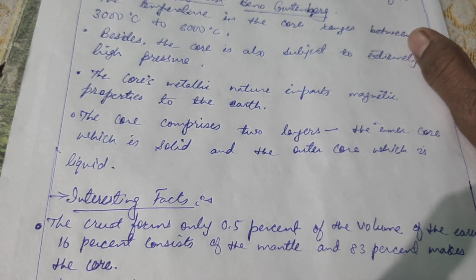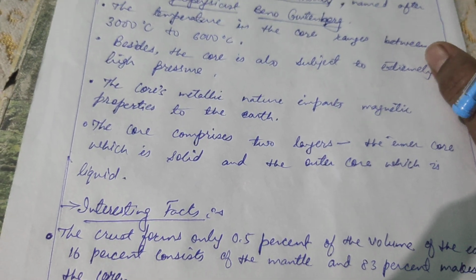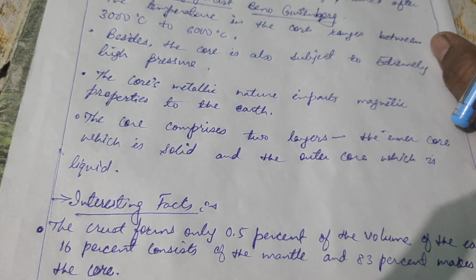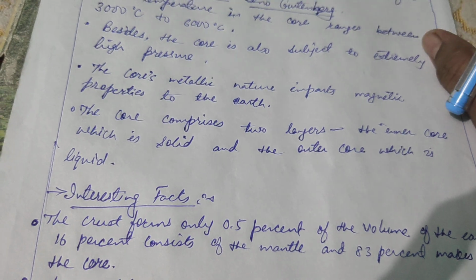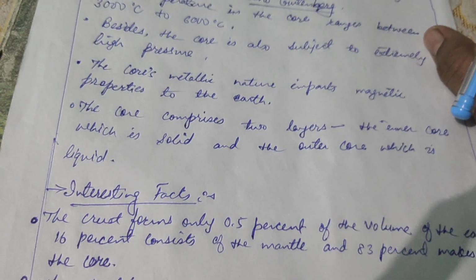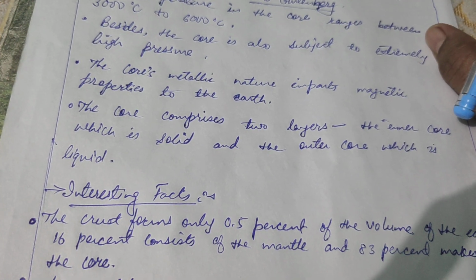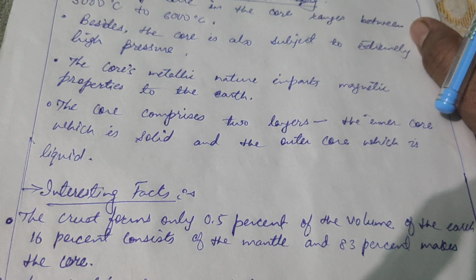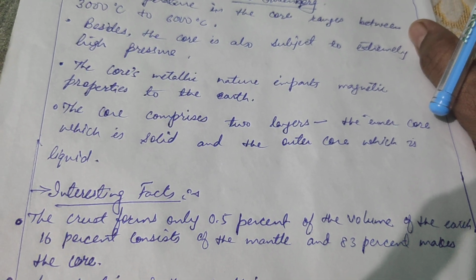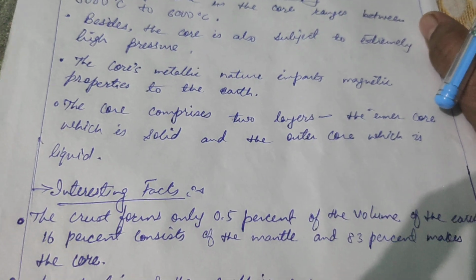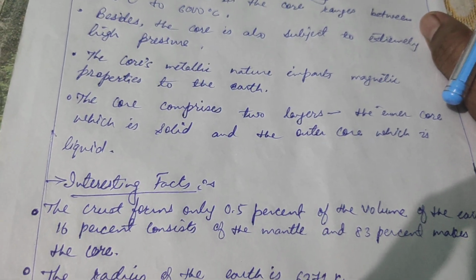The lithosphere comprises only 0.5% of the volume of earth, and mantle comprises about 16%. And the maximum part, 83%, is the core. The core comprises the maximum part.